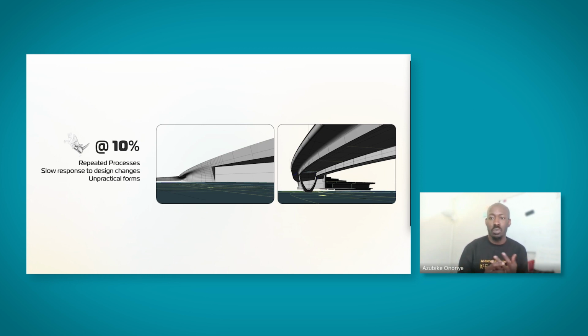And the form was impractical. What do I mean by that? As much as you can see some of the complexity in the form, when you have to fabricate it, you don't want to fabricate things that are custom if you don't have to.